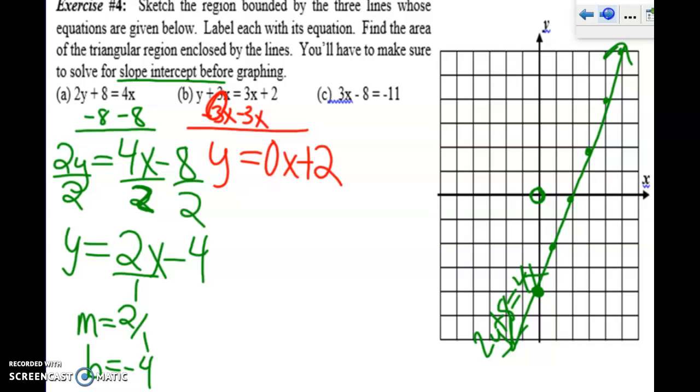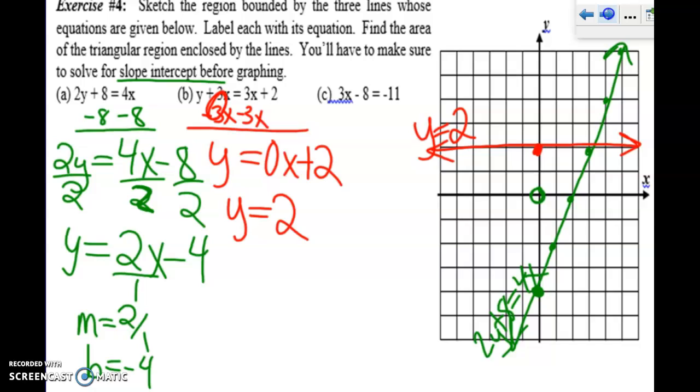So that's why these only are written as y equals 2. You don't need an m value. You don't need a slope. So what you're going to do is go up 2 on the y-axis, 1, 2. All right, and once you do that, you remember that a y equals is a horizontal line that goes across the page. So there it is, y equals 2.